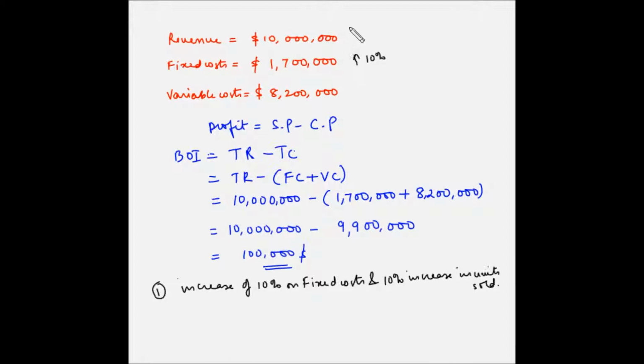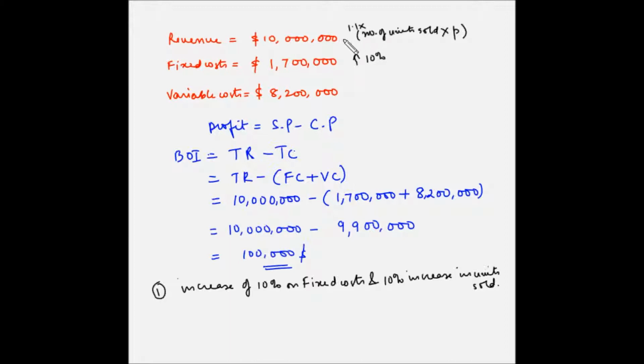Now we know that revenue is nothing but the number of units sold multiplied by the unit selling price. So this number of units sold is now increasing by 10%. So we have to multiply this by 1.1.